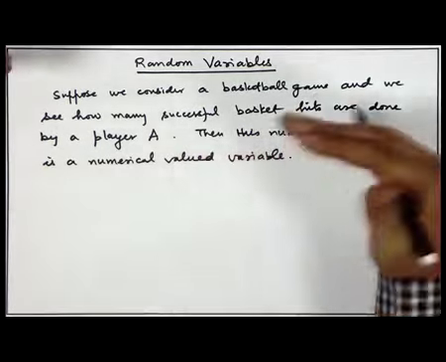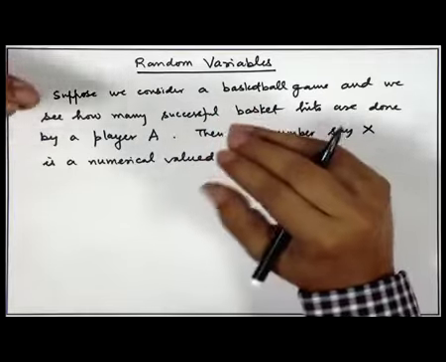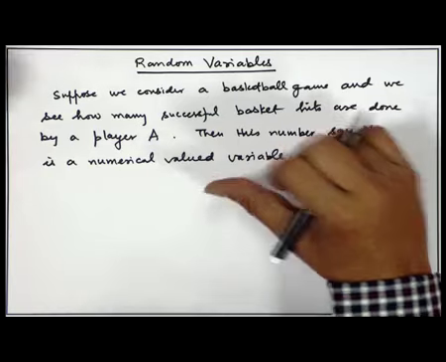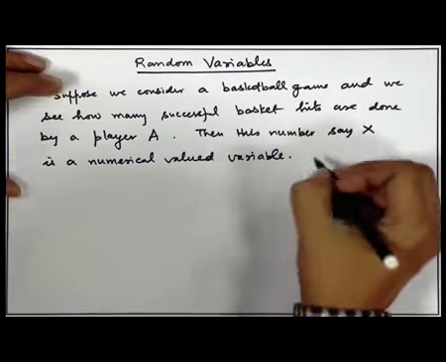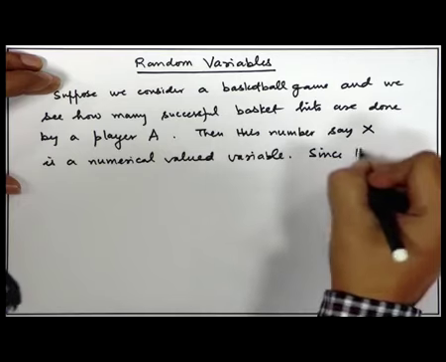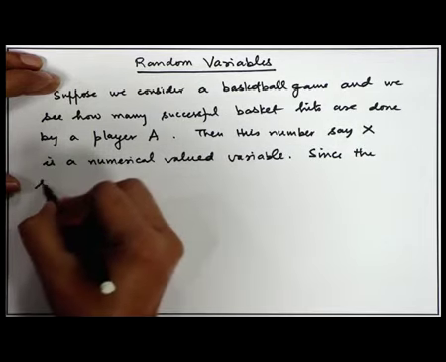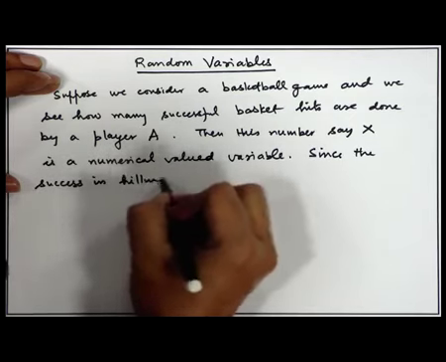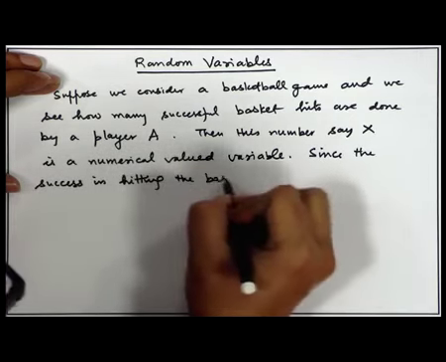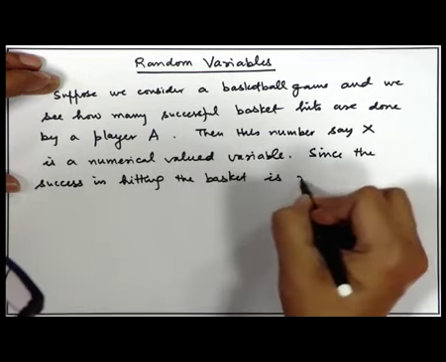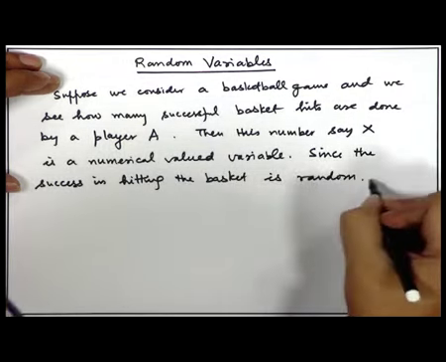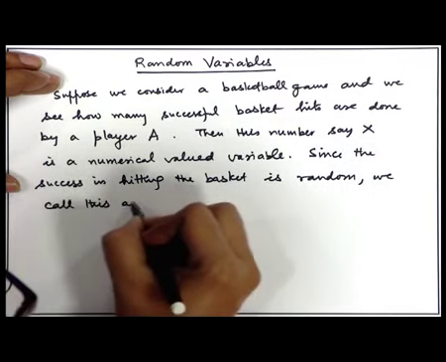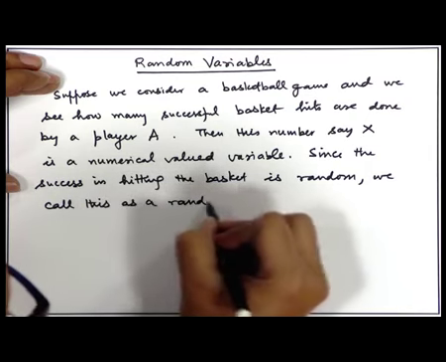Now, since the playing of the match and how many he will successfully hit is itself a random event, this becomes a random variable. Since the success in hitting the basket is random, we call this a random variable.